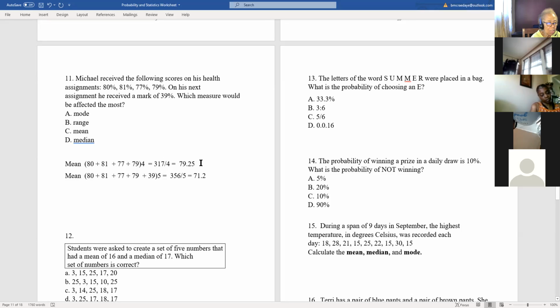Remember how we did the division, and you put your decimal and your zeros, then you're going to get 0.25. I don't understand how it becomes 2 over 5. Not 2 over 5, 0.25. 317 divided by 4.